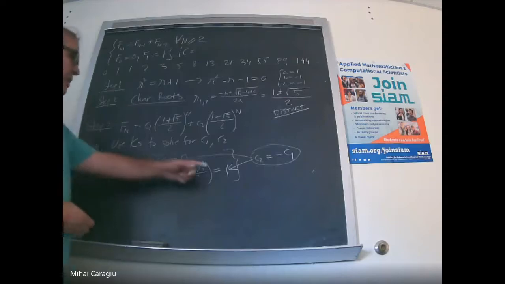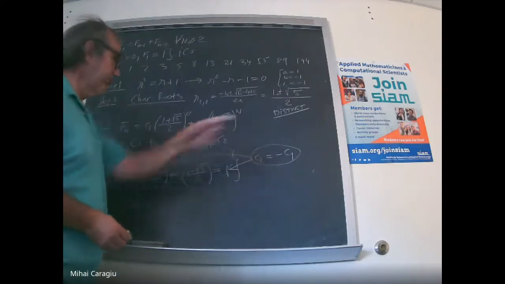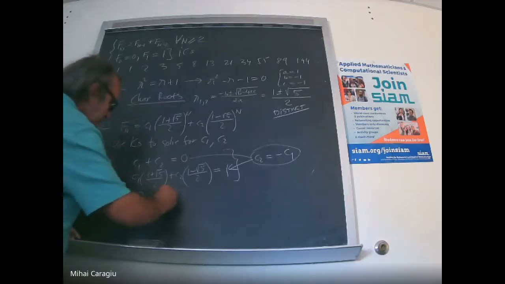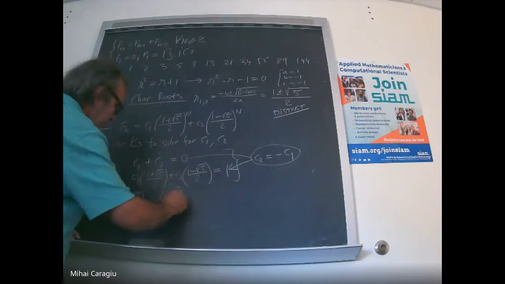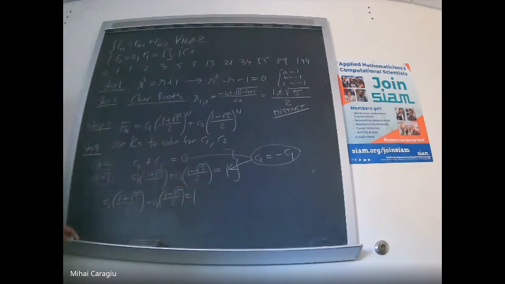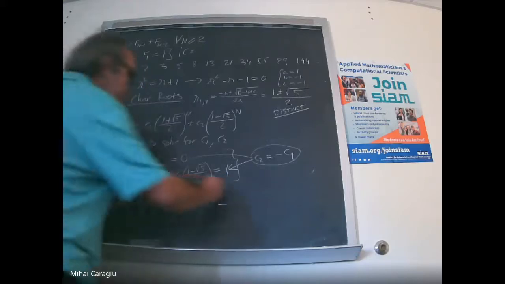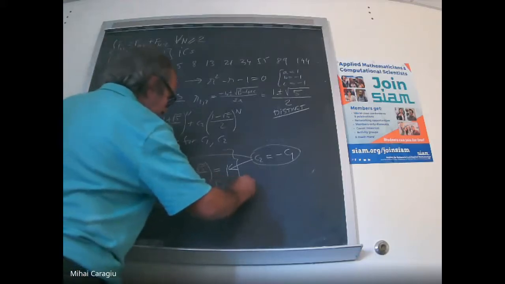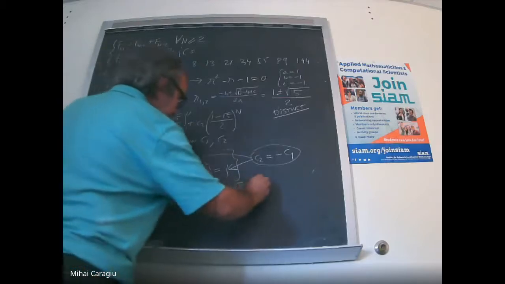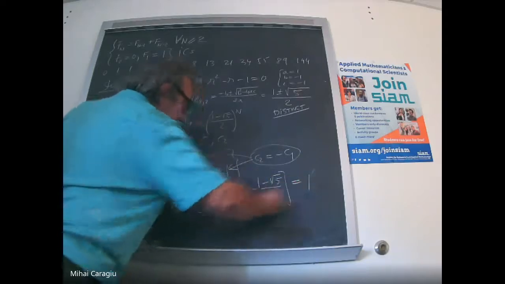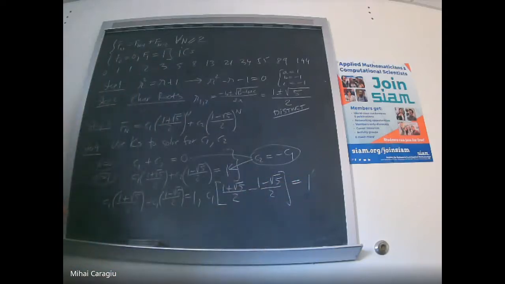The second equation, where we replace C2 with minus C1, becomes C1 times (1 plus square root of 5) over 2 minus C1 times (1 minus square root of 5) over 2 equals 1. Giving a common factor, C1 times the bracket of (1 plus square root 5) over 2 minus (1 minus square root of 5) over 2 equals 1.